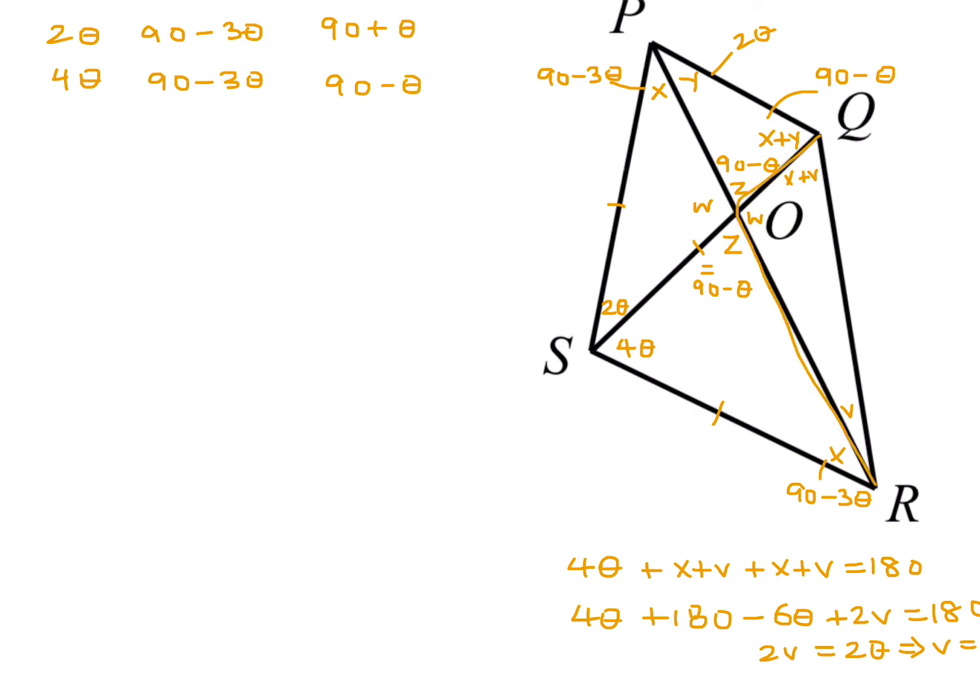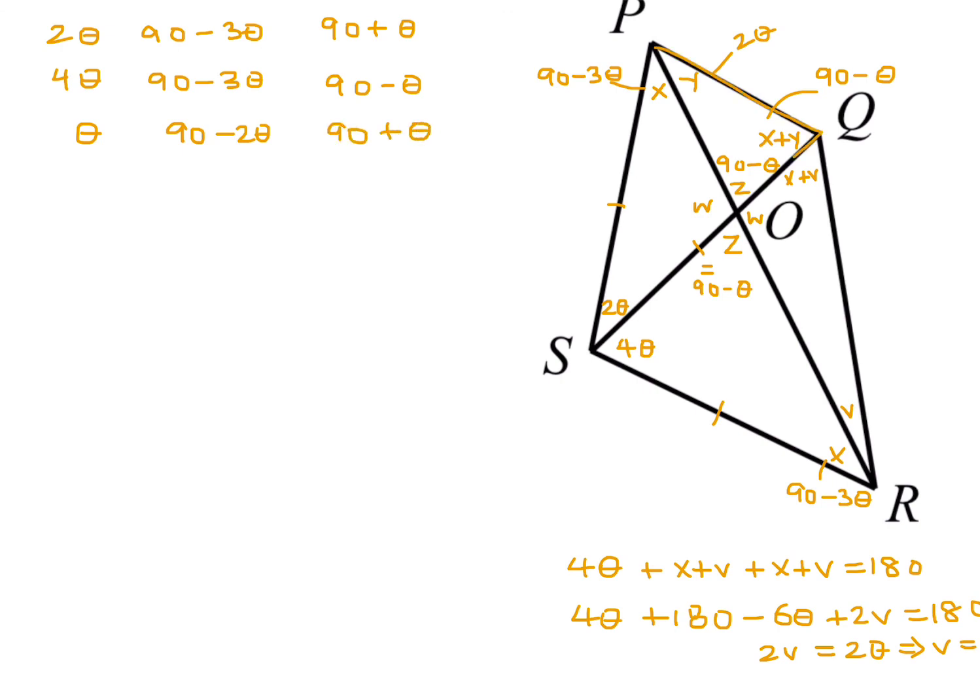Okay, and then in this triangle, I've got V, which I just figured out was theta, and then X plus V, which would be, X is 90 minus 3 theta, and V is theta, so 90 minus 2 theta. And then the other angle is W, which is 90 plus theta.